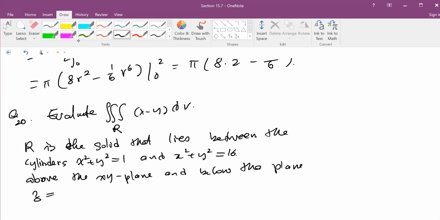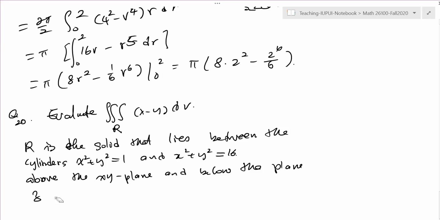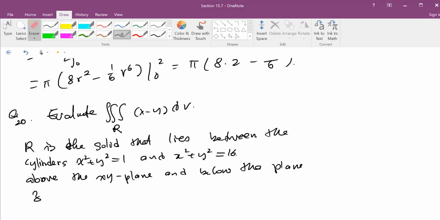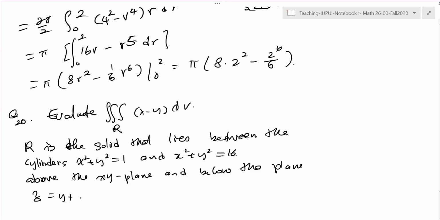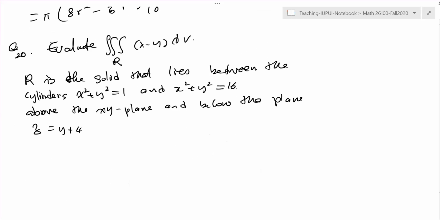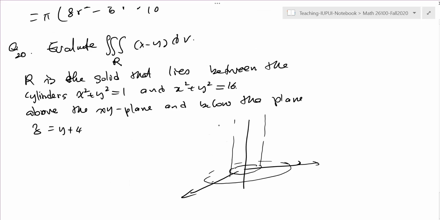Okay, it's pretty challenging to draw the picture, but at least we can draw the two cylinders. This is a cylinder, right? The cylinder inside is a unit cylinder. The outside one is going to be something like that. So these are the two cylinders.